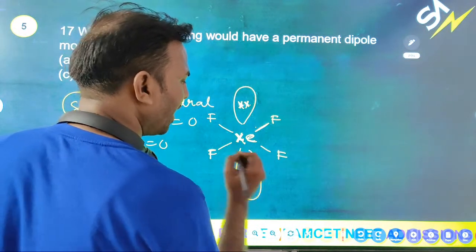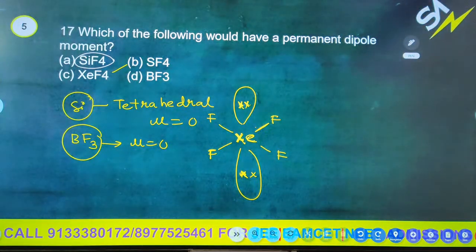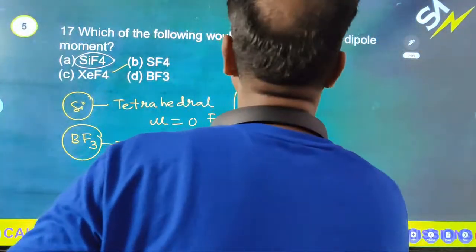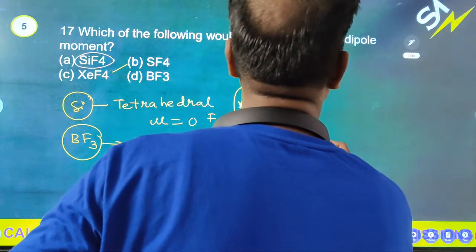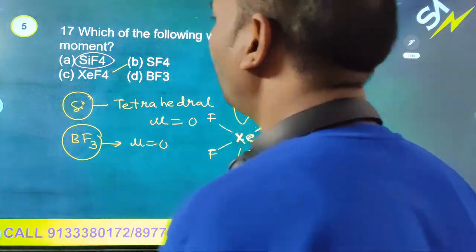In this way, with the lone pairs occupying the two sides in xenon tetrafluoride, the structure becomes square planar. Due to the square planar structure, the dipole moment of xenon tetrafluoride is 0.